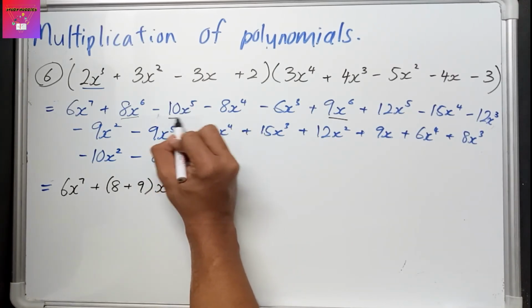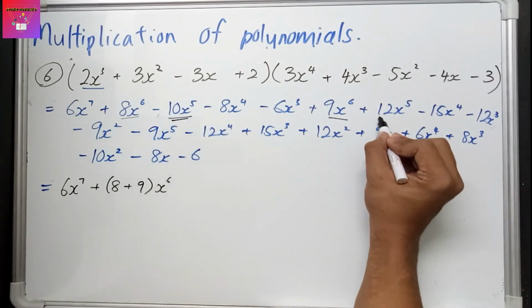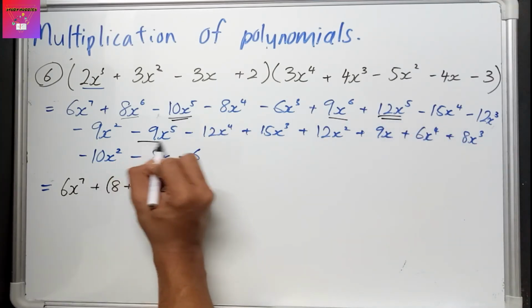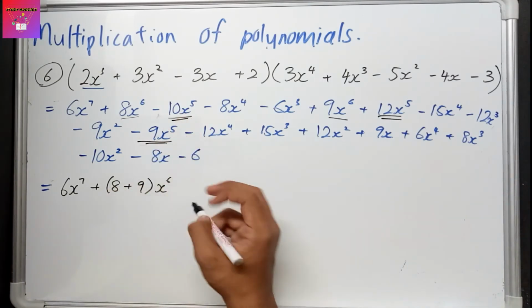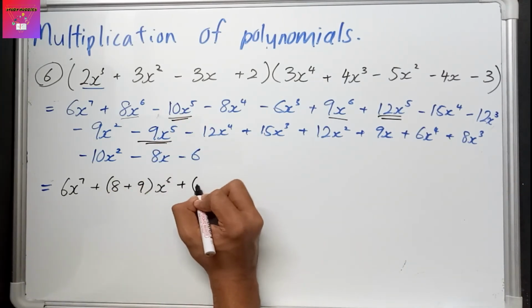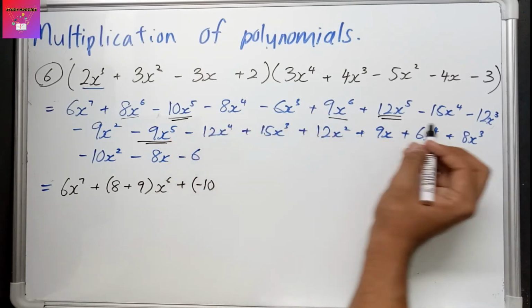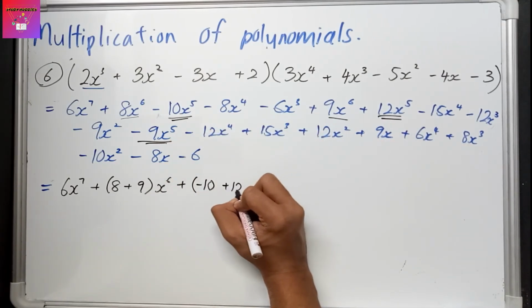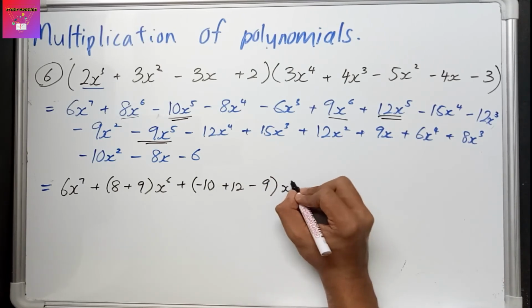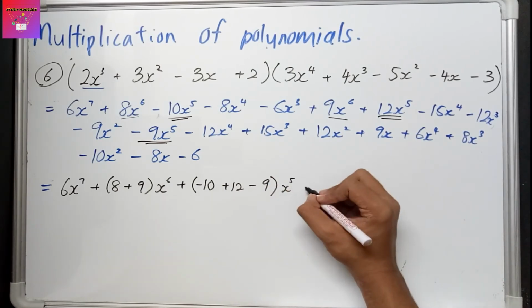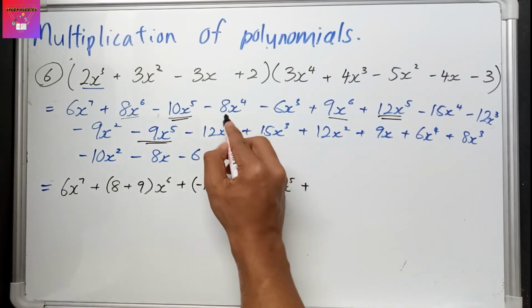For x to the power of 5 we have 3 values. So we are just going to take negative 10 plus 12 minus 9, in brackets, x to the power of 5, followed by x to the power of 4.